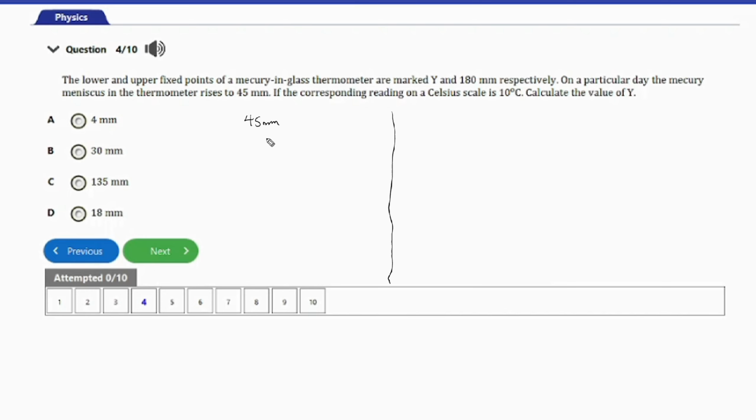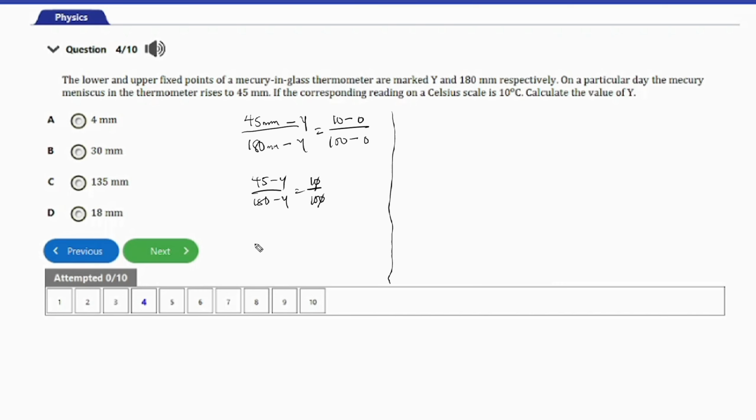So it means here that 45 minus Y over 180 minus Y will correspond to 10 degrees Celsius minus 0 over 100 degrees Celsius minus 0. So guys, this means that 45 minus Y over 180 minus Y is equal to 10 over 100, which is actually 1 over 10.